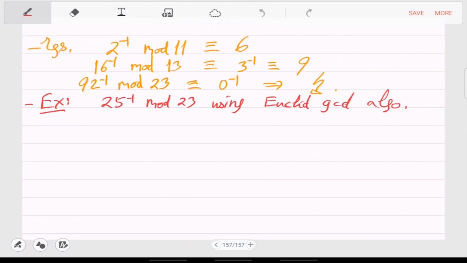You will have some steps of divisions, quotients and remainders, and then you will get L times 25 plus K times 23 equal to 1, right? And from there you will get L, which is 25 inverse. So you can do that manually. No, the answer is fine, but you do the actual GCD algorithm just to see what happens.